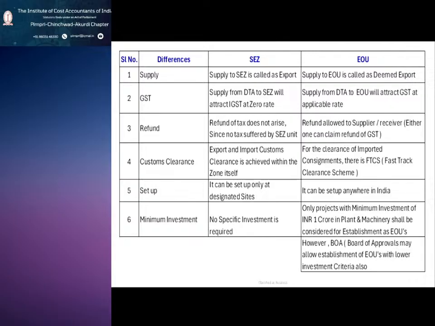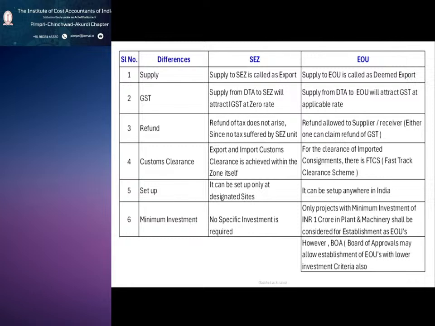If a person is supplying from the domestic tariff area to SEZ, then it is called an export. You don't always need to export directly across the country boundary. Not only if you are selling outside India is it an export; even within India, if you are supplying to SEZ, then we call it an export.